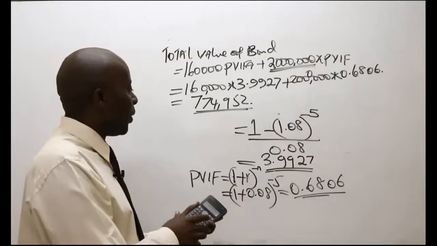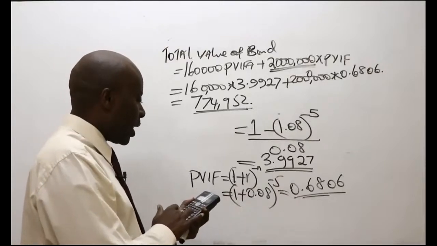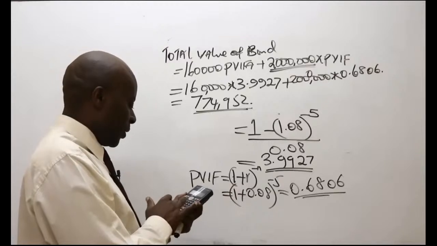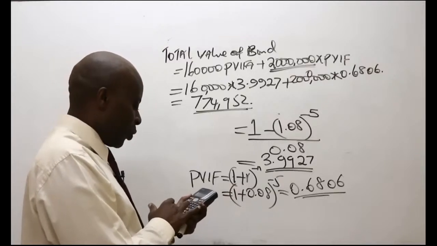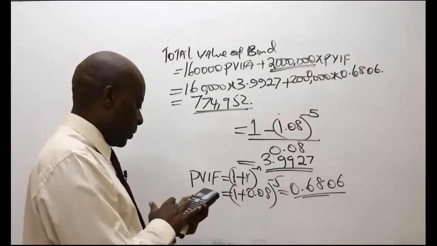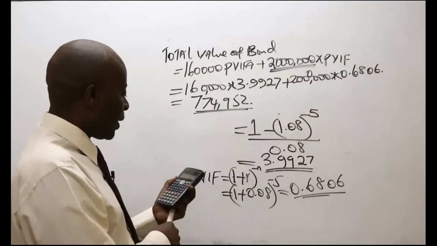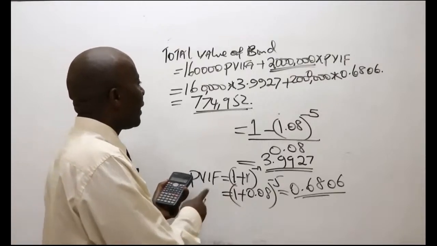So we have here 160,000 times 3.9927 plus 2 million times 0.6806, which will give us 2,032,000.